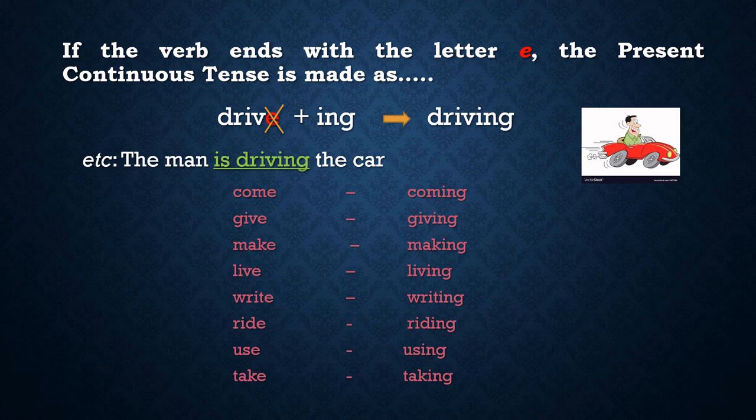There are many more verbs which end with the letter E, such as come, coming, give, giving, make, making, live, living, write, writing, ride, riding, use, using, take, taking.